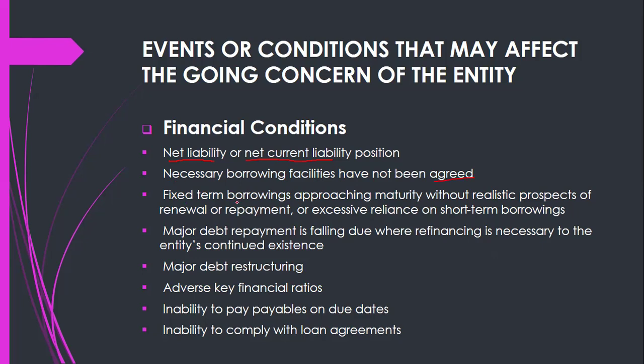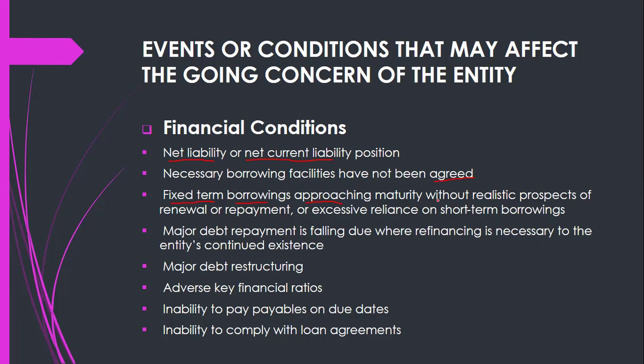Then fixed term borrowings approaching maturity without realistic prospects of renewal or repayment, or excessive reliance on short term borrowing. So the company has borrowed money, has got a loan for 5 years. That loan or bond is approaching maturity, but the company has no source of funds to repay it.